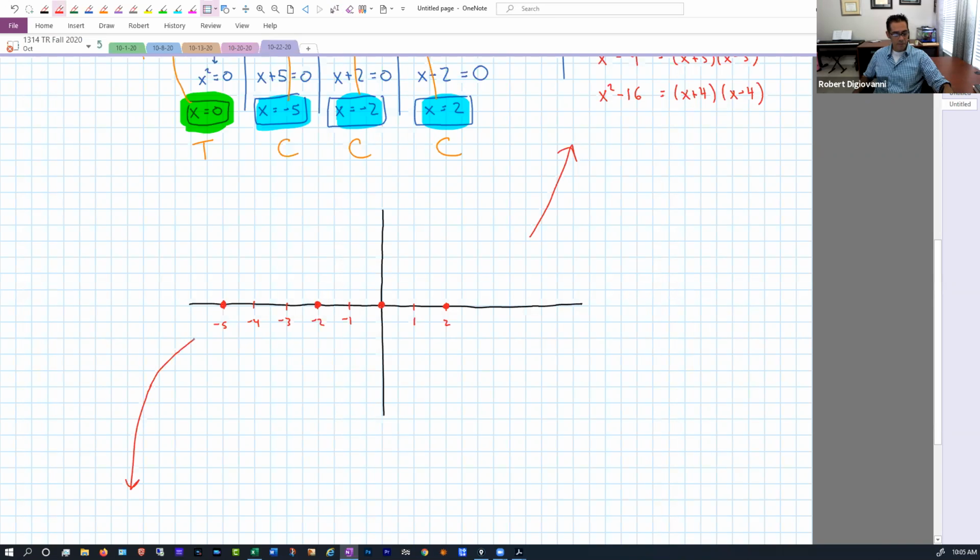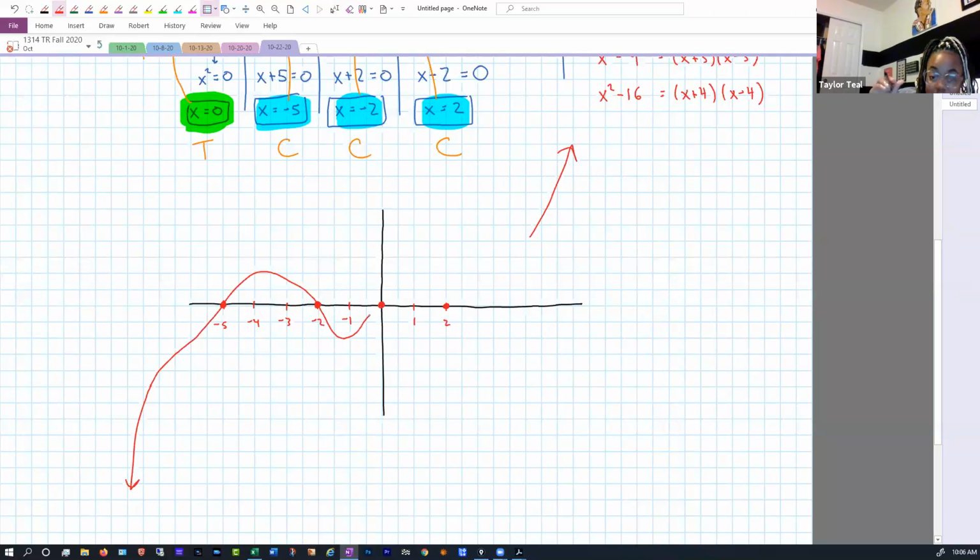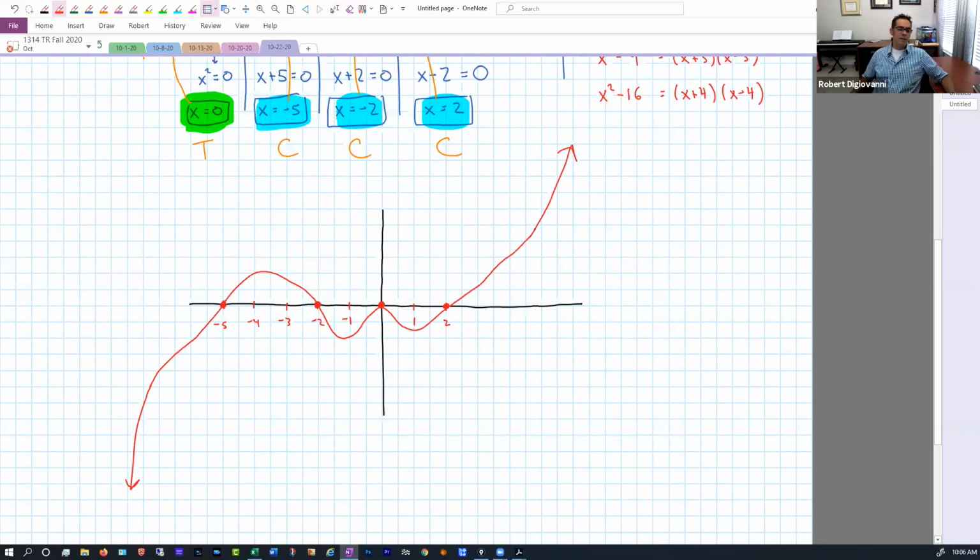Okay, I'm going to just start drawing, headed towards the next dot, and you're going to tell me when I get there what you want me to do. Go ahead. You're going to cross it and then go down. Cross. What do you want me to do here? Cross. Then head back to 0. What do I do when I get there? Touch it. So when I touch it, that means I'm almost going to bounce off of it, and then cross it and connect it. See how everything fit together?